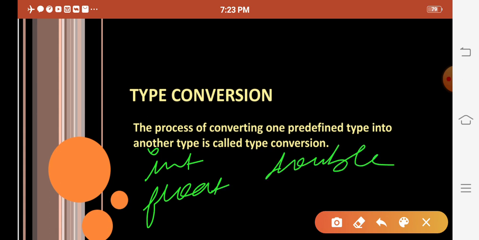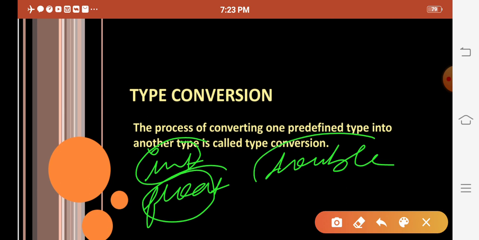So the result can be obtained in any of the form, depends. ठीक है, hence there is a need to convert the various data types into a single data type. Means if we are writing an expression using the integer variable, float variable, and double variable, when the answer will get assigned to a single variable, we need to decide which type of variable it will be. So for that purpose we actually convert those data types into a single data type. ठीक है, so for that purpose type conversion is needed.